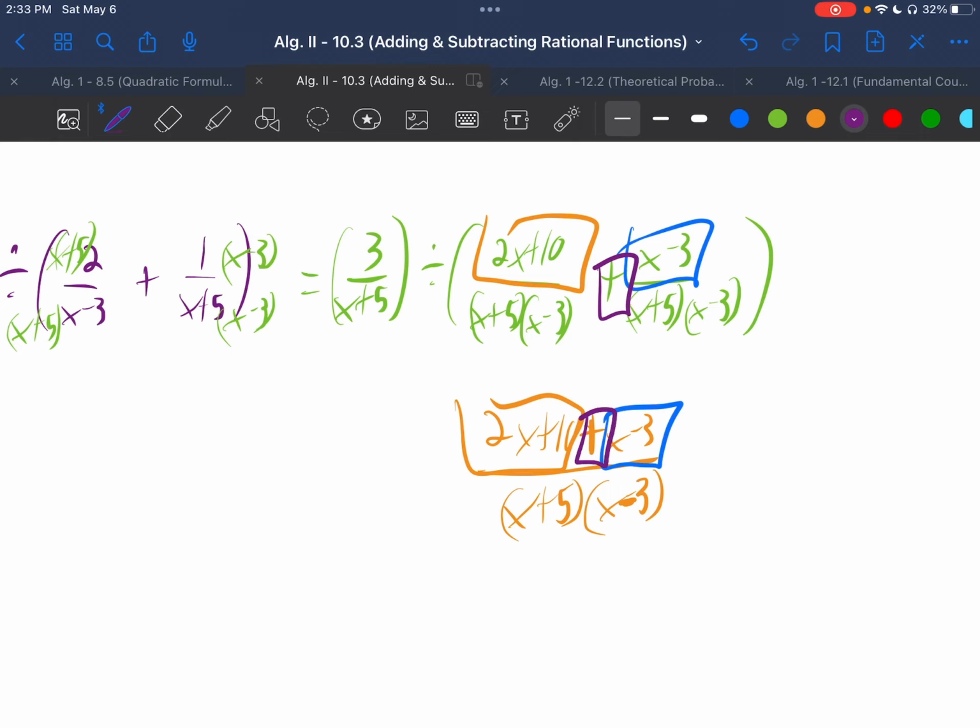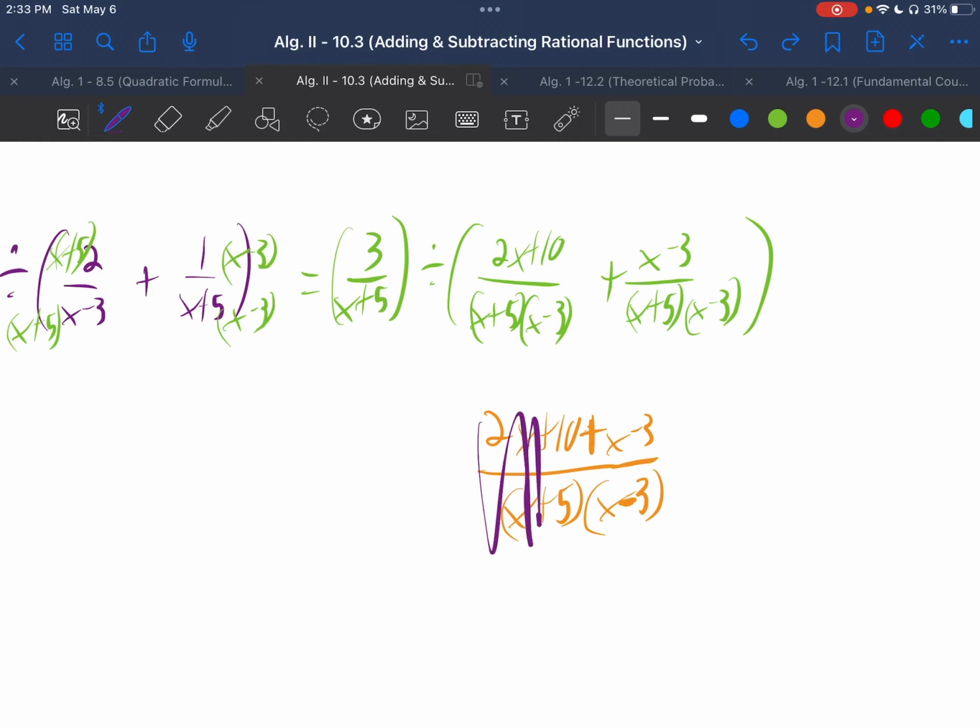If you want to do that, you're more than welcome to. It makes it so you have to write a little bit less, because you don't have to write the denominator twice. So that's completely up to you. That's how I prefer doing it. Once again, that is completely up to you if you want to do it that way or not. If that confuses you, ignore it.